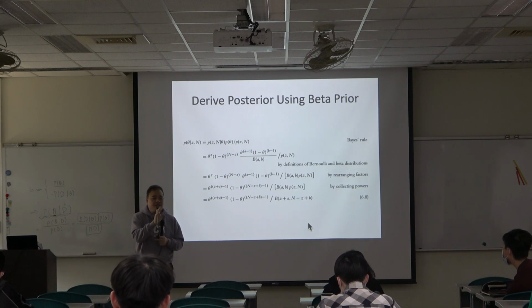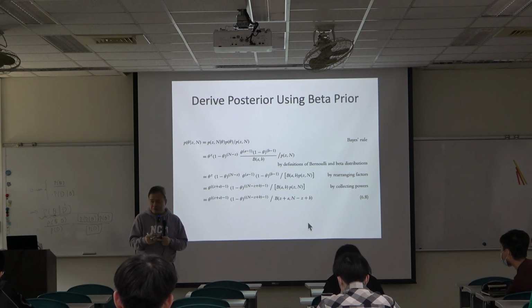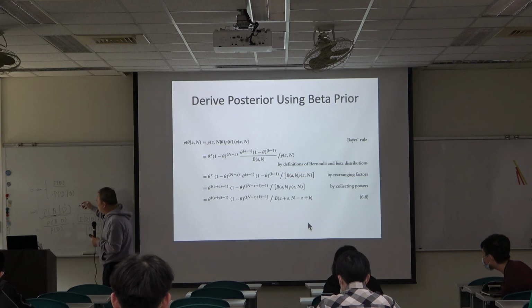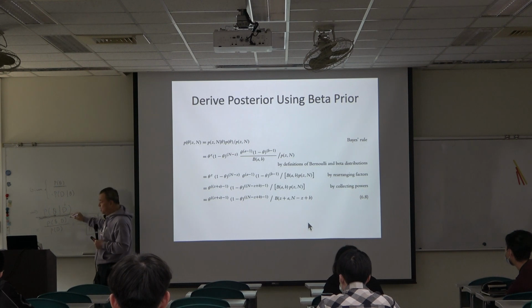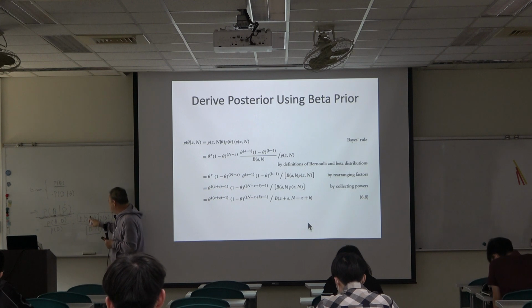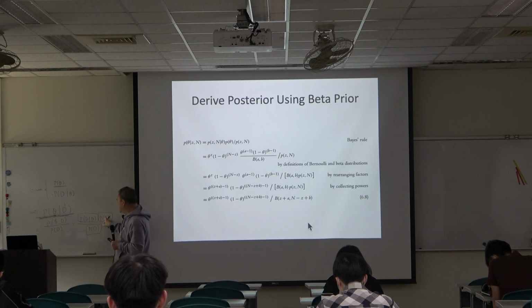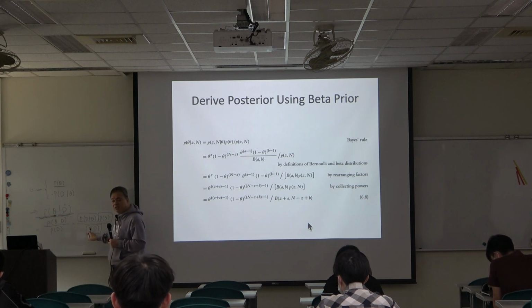Theta is a variable. So this is a distribution over theta, and this is also a distribution over theta, right? Because of that, you have theta in the terms in the numerator. But for the denominator, there's no theta there.